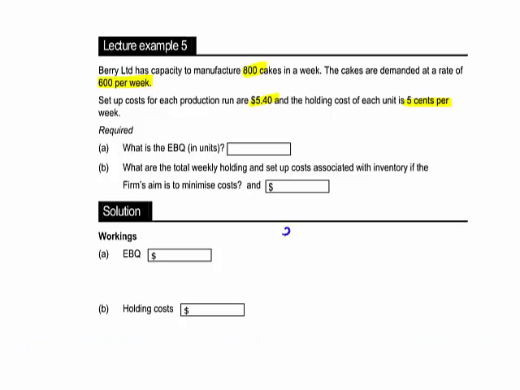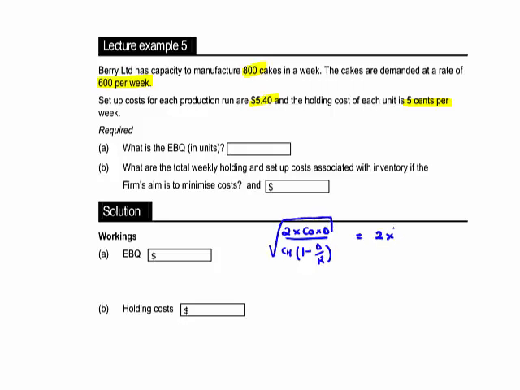So the EBQ formula is 2 times the cost of placing an order times the demand, divided by the cost of holding that unit, in this case for a week, multiplied by 1 minus the demand in the period divided by the rate of production, square rooted.